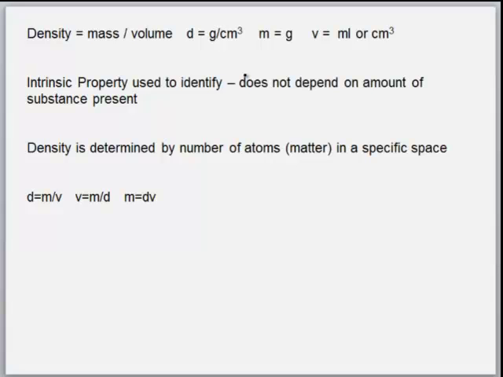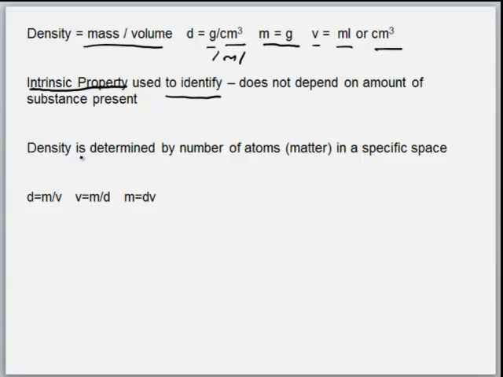From this vodcast, then, you should get the main points. First of all, you should understand that density is equal to the mass over volume. Density has units of grams per cubic centimeter, or grams per milliliter for that matter. Mass has units of grams, and then volume, we use milliliters or cubic centimeters. You should understand that density is an intrinsic property. We use intrinsic properties to identify compounds because they do not depend on the amount of the substance present.